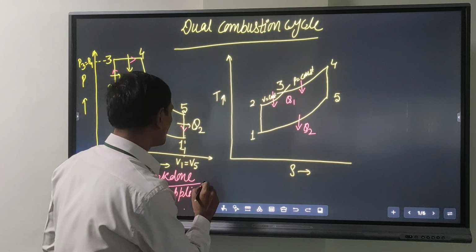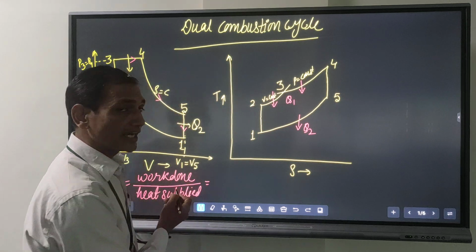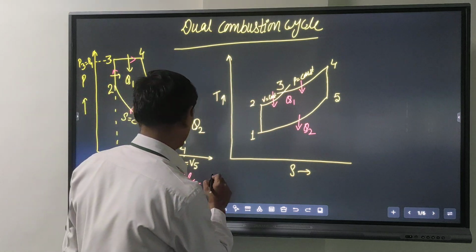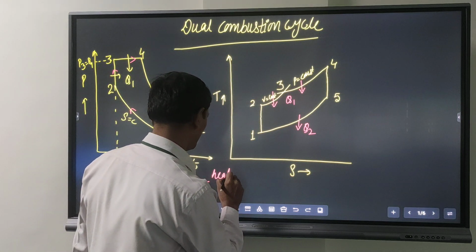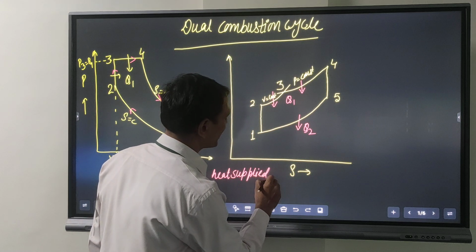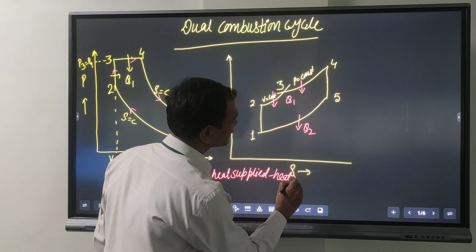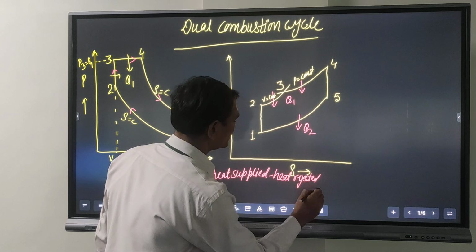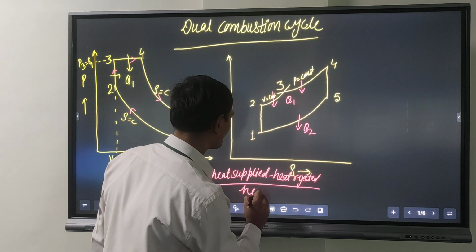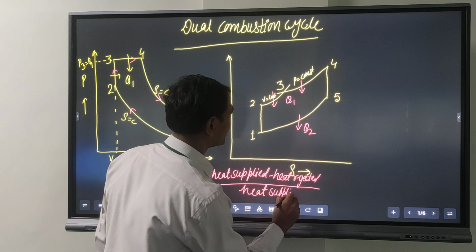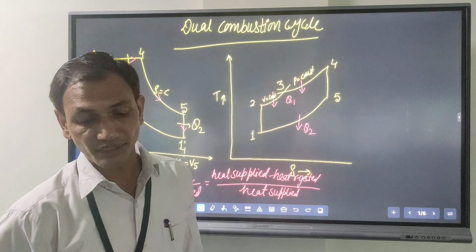What is work done? Work done is heat supplied minus heat rejected, divided by heat supplied.